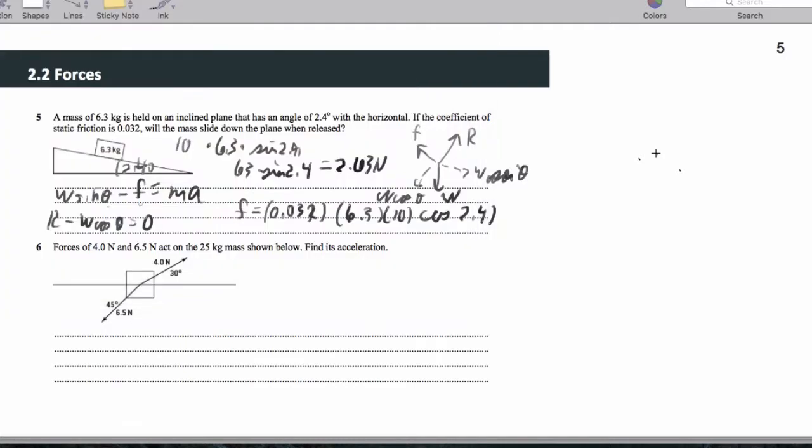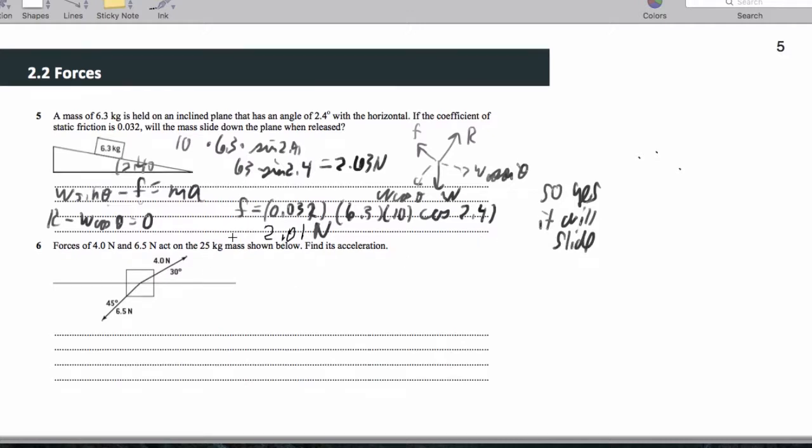And it looks like the friction force is 2.01 newtons. So this is indeed bigger, so yes, it will slide.